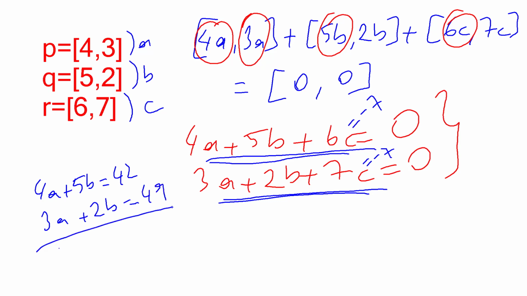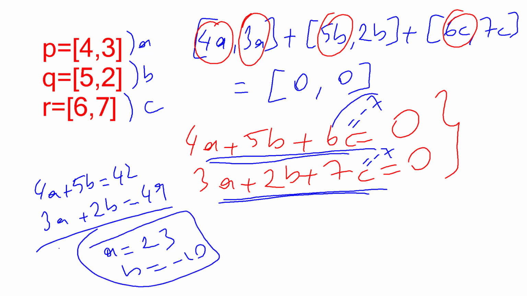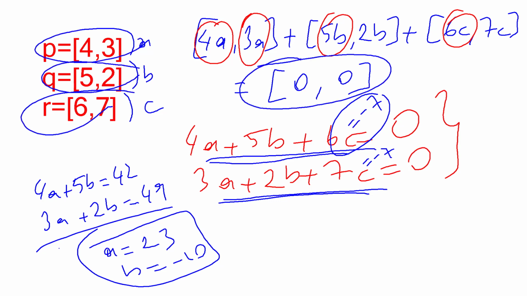When you solve these two equations, you will find that a is equal to 23 and b is equal to -10. Since we have found some example a, b, c values that when we multiply with our vectors, their summation ends up being the zero vector, we would claim that these p, q, r vectors are linearly dependent.